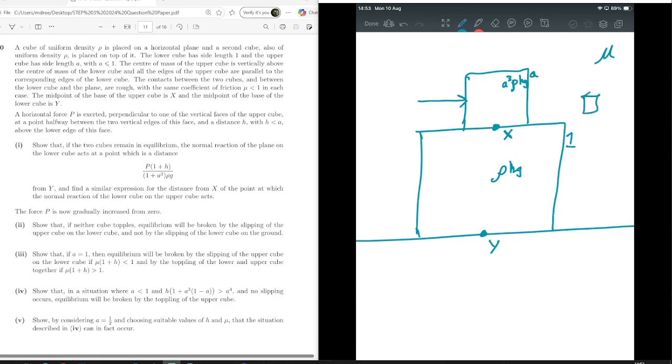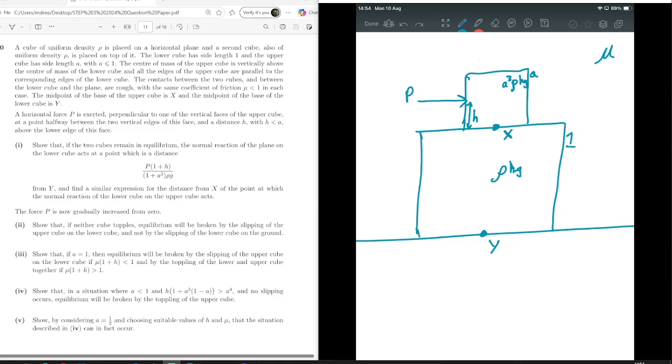Really, this whole picture is a cube with the second cube on top, but I'm looking at all of this from one angle, making it basically a 2D picture rather than a 3D one. So that statement is saying yes, you can make it look 2D. It's symmetric in the depth direction. And a distance h above the lower edge of this face. So this distance here is h, and it's insisted that h is less than a, so it's not floating off the top of that cube.